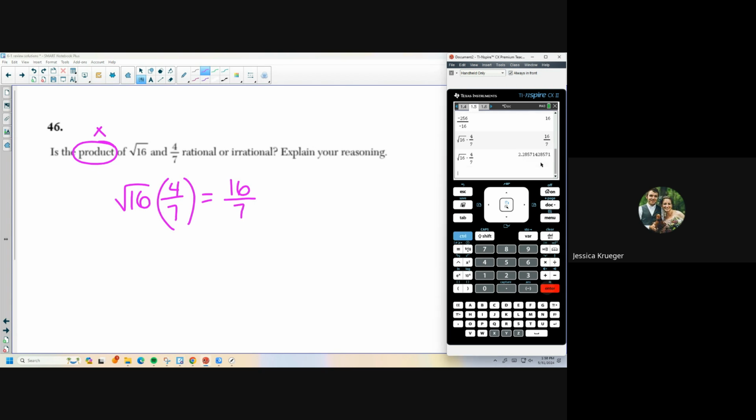If I hit Control Enter, I will get this long decimal. But if you notice, if I come up and grab this, 1, 4, 2, 8, 5, 7, 1, 4, this is actually a repeating decimal. It's 2.28571, 4, and that keeps repeating over and over again.